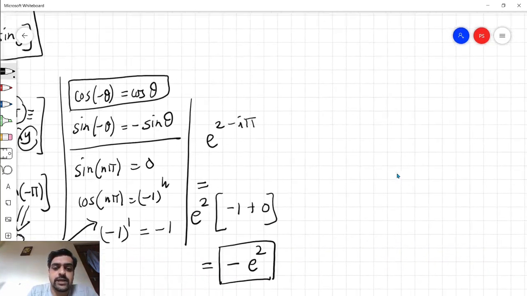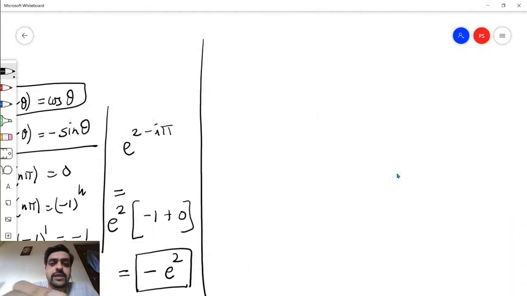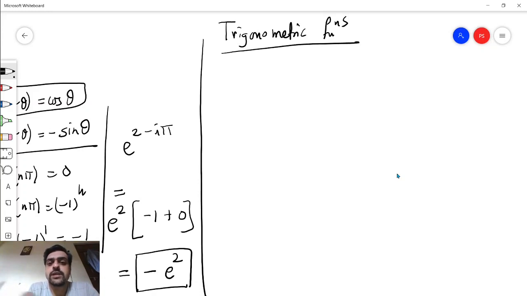Let us try to take our discussion further. Now we are going to define trigonometric functions involving complex numbers.